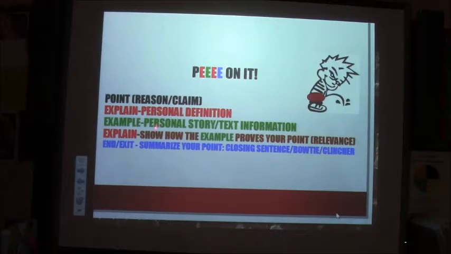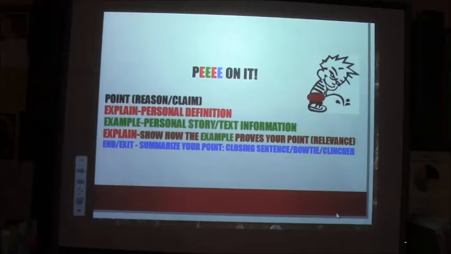For our text, we are, once again, like I said, doing no text this time because structure is of the essence, okay? But we are going to move on to text for the next essay. But for this one, we're doing a personal story. So a personal story would be an illustration. And if you had text, that's what you're using the text for, to illustrate your explanation about your point.